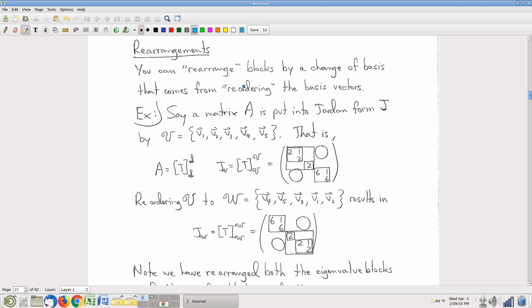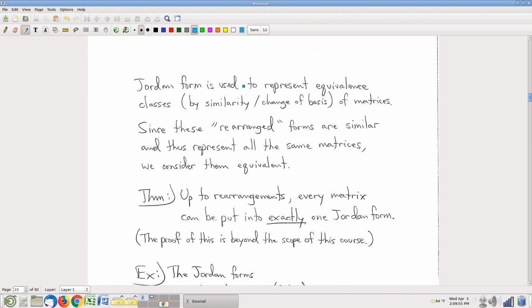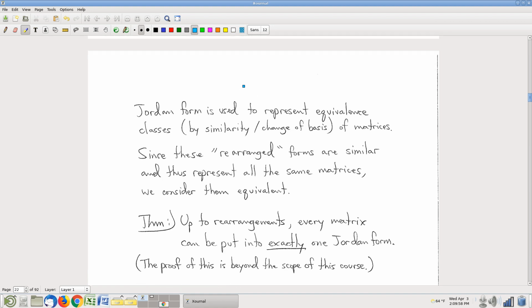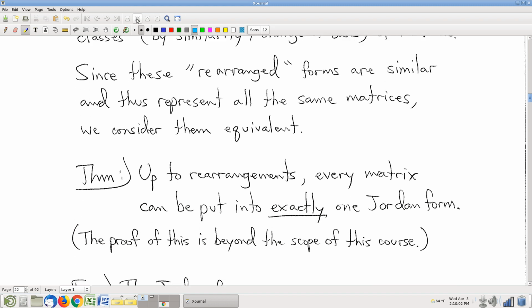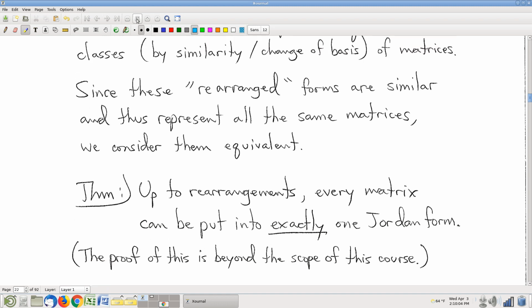So this gives us a nice result. This allows us to state a nice result. And the punchline that I would like to get to is that every matrix has exactly one Jordan form. You can see why that's a nice conclusion, right?